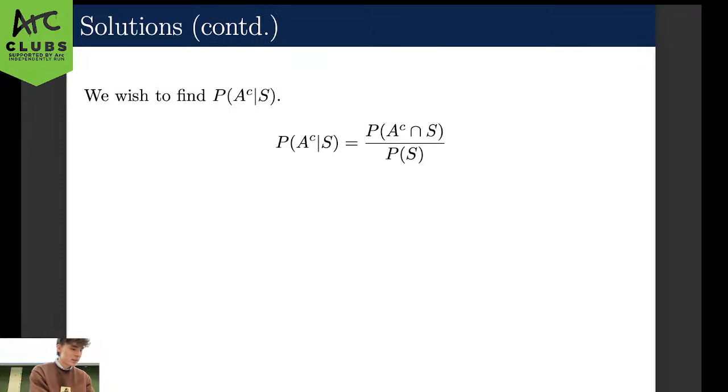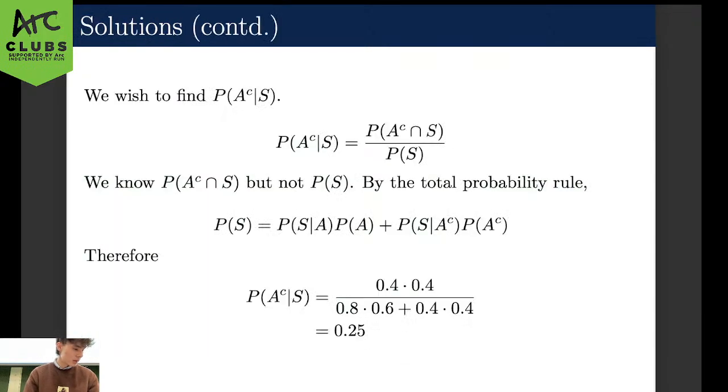So that gives us this top probability is 0.4 squared. But we don't know the probability someone survived in general. However, what we do know is that the events someone was accepted and someone was not accepted partition S. So to find the probability of S, we can use the total probability rule.